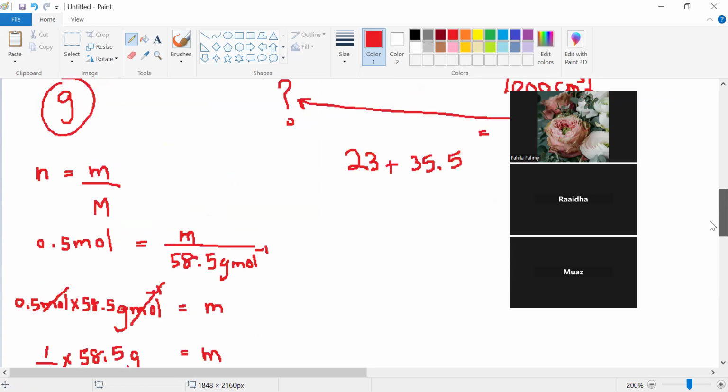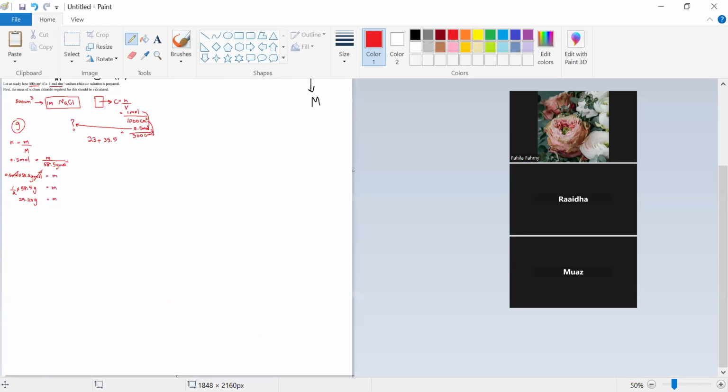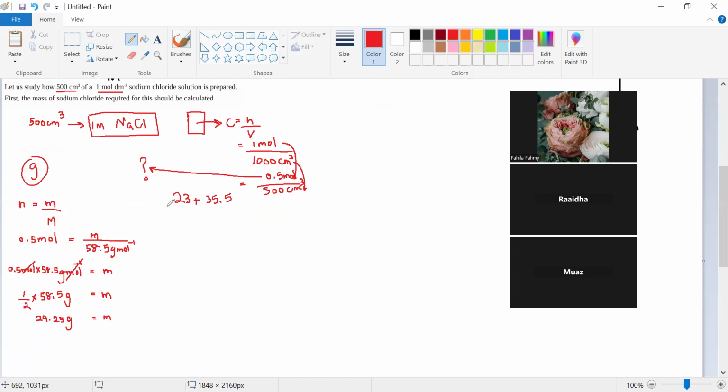In the book, for 1 mole, what is the mass? And that mass, they divided by 500. Make sense? Okay. So I did the opposite. Converting it at first is easy so that we can find the mass from the number of moles. If not, it would be hard.